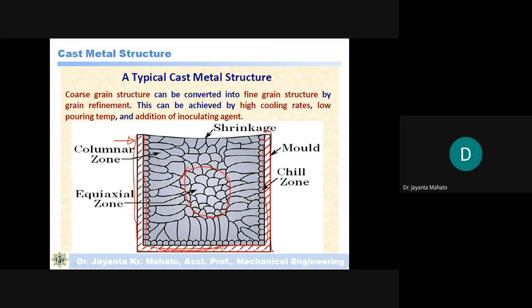First is the columnar zone, in the interior is the equiaxed zone, and in between them there is a mixed zone, partially columnar and partially equiaxed grain structure.